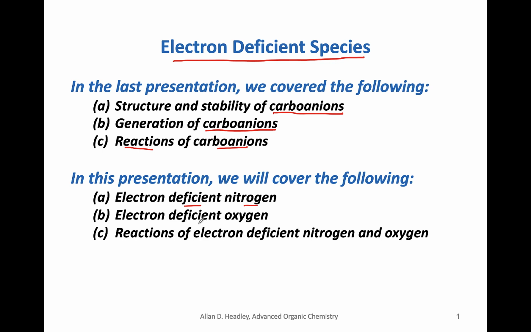Next, we'll look at electron deficient oxygen. Same thing here. Looking at your periodic table, you will recognize that these two atoms are pretty close to each other, in fact, next to each other. And lastly, we'll look at reactions of these electron deficient nitrogen and oxygen species.